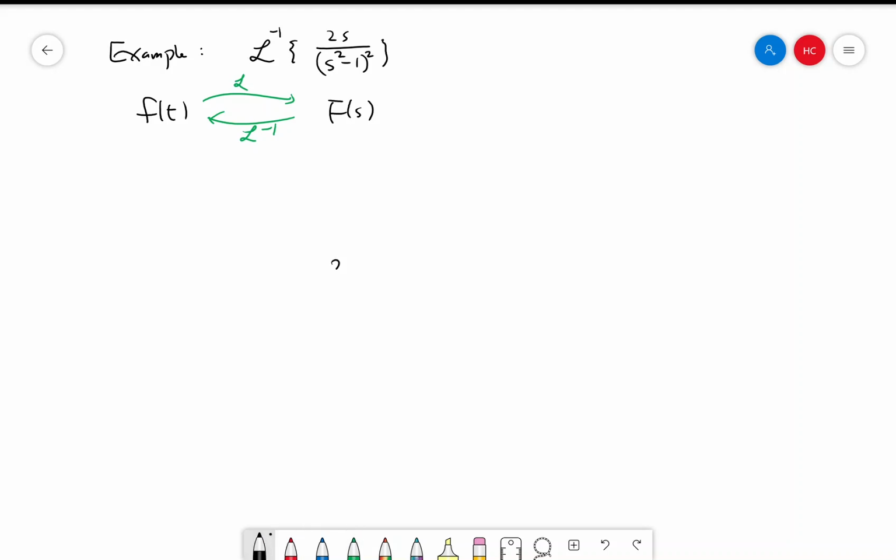The function we need is 2s over s squared minus 1 squared. But we notice that this function is actually the derivative of negative 1 over s squared minus 1. These two functions are linked via derivatives. And we actually know how to find the inverse Laplace transform of this simpler function.